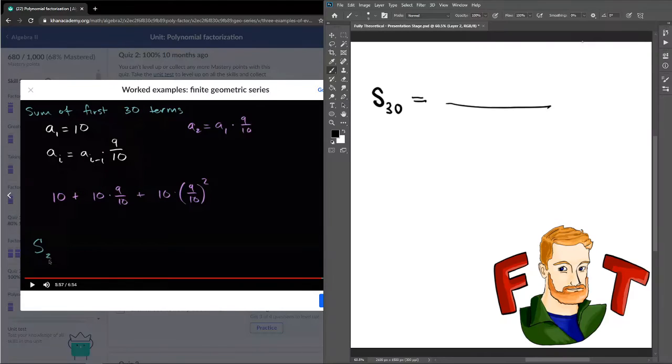There we go. So the way the formula works is it was 1 minus the common ratio. And then, let's see here. So we have 10 plus 9/10 plus 10 plus 9/10.